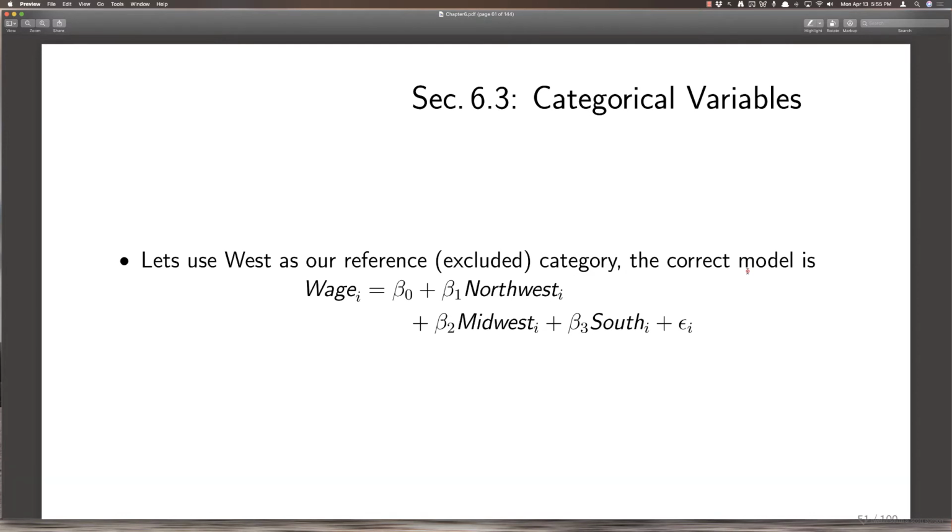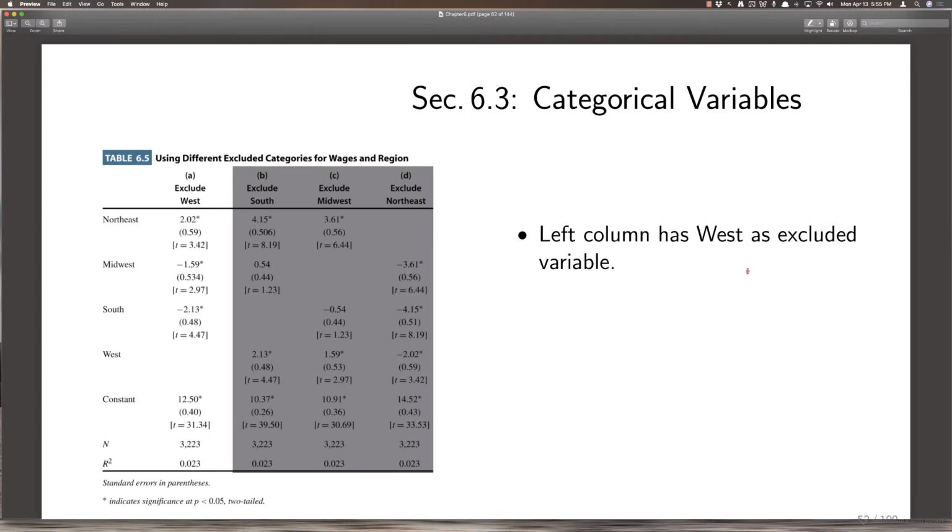So we are dropping West as our excluded category, all right? So we're going to look at how wages differ across different regions of the U.S., and we're including Northeast, Midwest, and South, right? But we're not including West. So here is the result for that regression, all right?